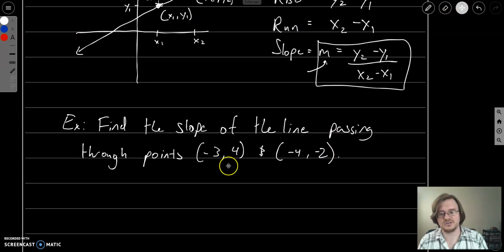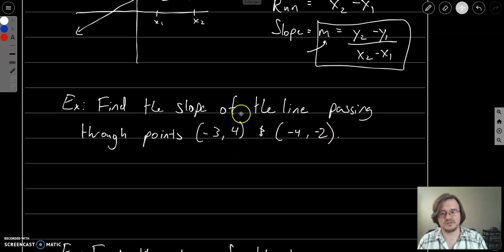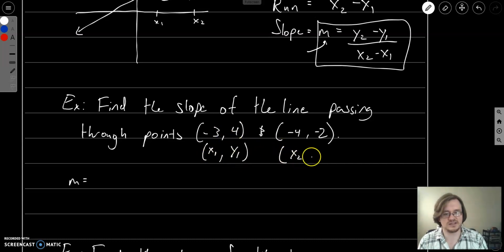So let's do a more explicit example with some numbers. Let's find the slope of the line passing through the points -3, 4, and -4, -2. So m, our slope, is going to be the difference in the y values divided by the difference in the x values. I'm going to call my first point x1, y1, and I'm going to use 2's for the second point, x2, y2.